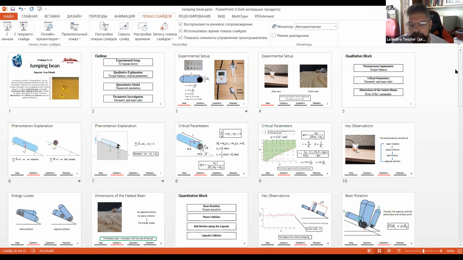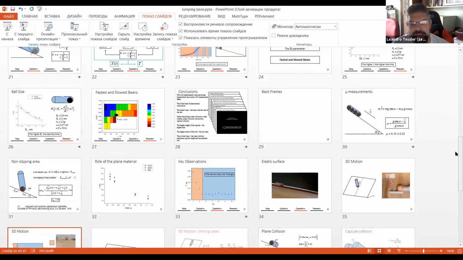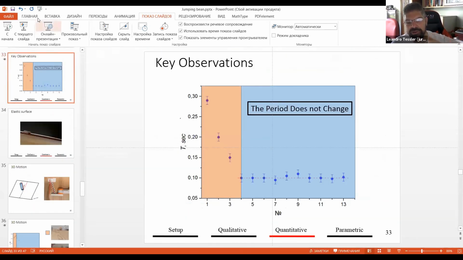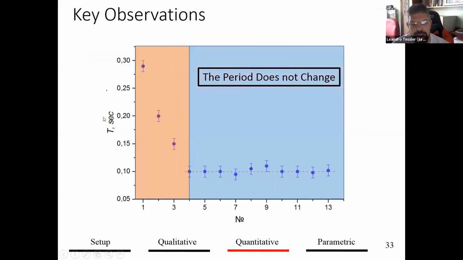And I didn't see in the presentation or in the opposition considerations which mechanism keeps the energy constant while it's going down. So I would like to ask if you have any ideas which loss mechanism keeps the kinetic energy of the beam constant over the trajectory.